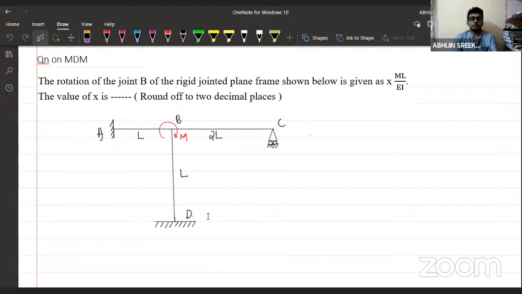Try to solve this question. This question is from the moment distribution method. Try to solve it. It's very easy, and similar kind of questions are very common, and you can see many number of questions from this concept. Many concepts are involved in this particular question.